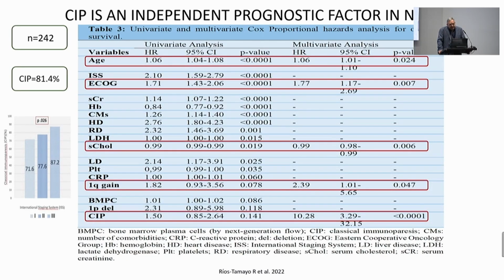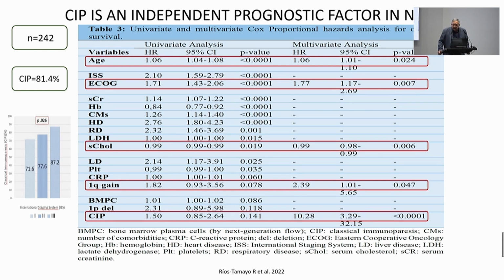This is a series of multiple myeloma with 242 patients in which we demonstrated a classical immunoparesis in 81.4% of patients. This was also related to the staging, increasing with the advanced stages.